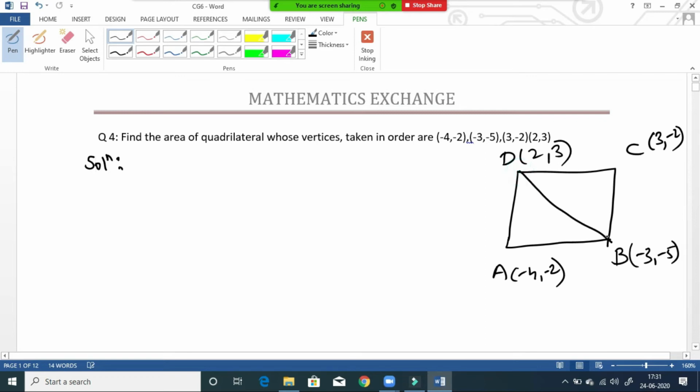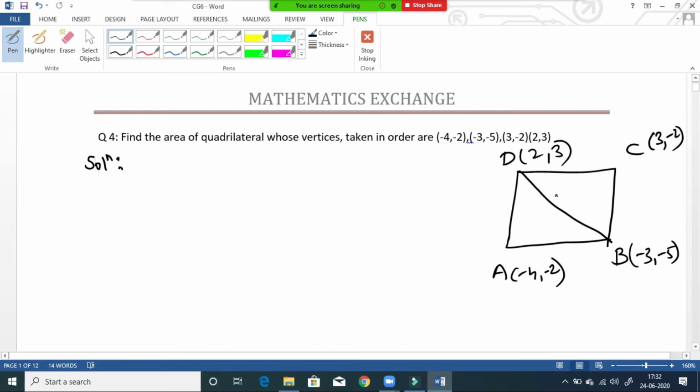We join two corners of the quadrilateral so that it is divided into two triangles, because besides doing this we cannot find the area of the quadrilateral. So we know the area of a triangle, so we divide the quadrilateral into two triangles, and now we find out the areas of these two triangles separately, and then we add these areas, so we get the area of the whole quadrilateral.